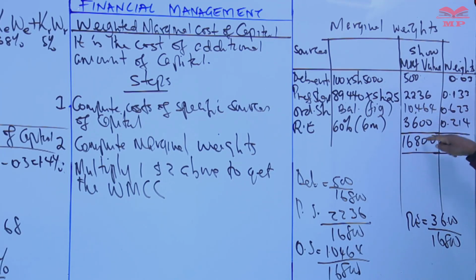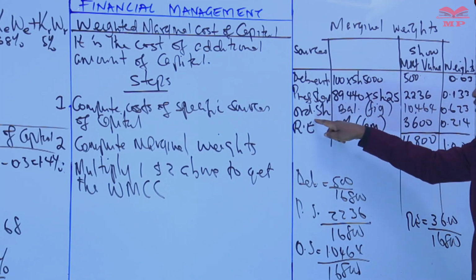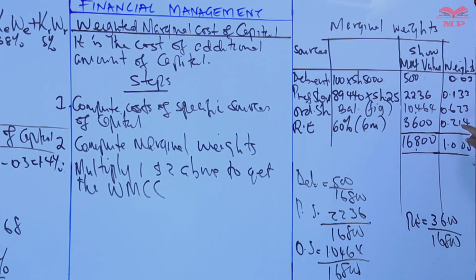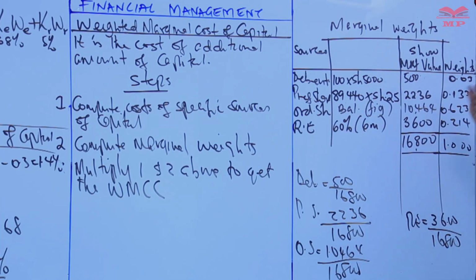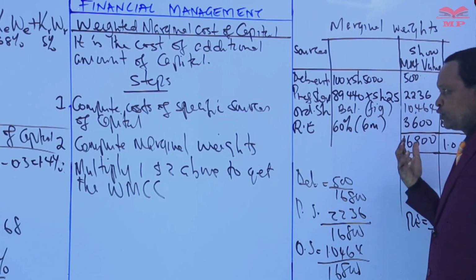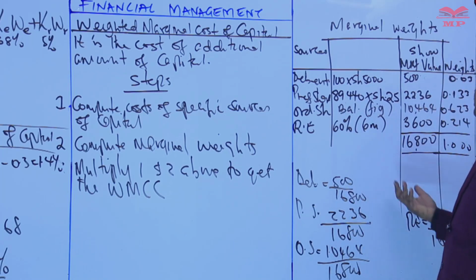So more than half of this amount will come from ordinary shares. Then 21.4% of the 16.8 will be obtained from retained earnings. That's what we mean by weights. Weights are proportions of the total.